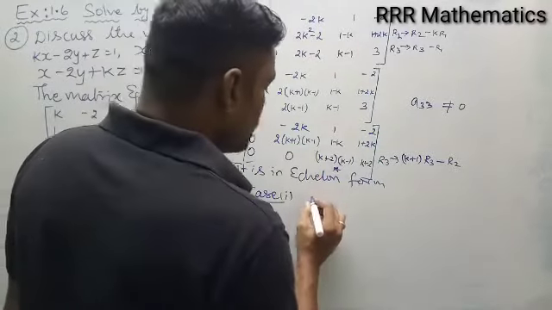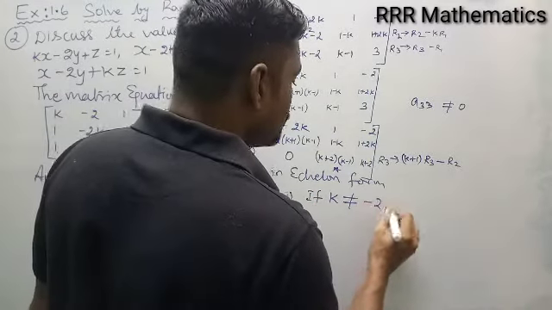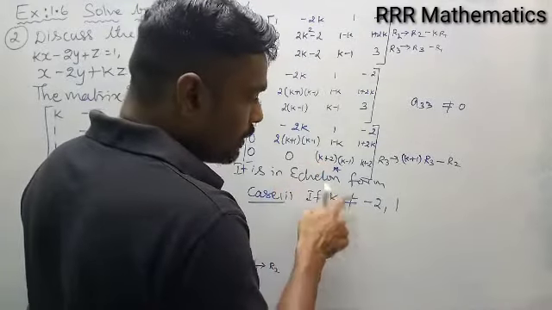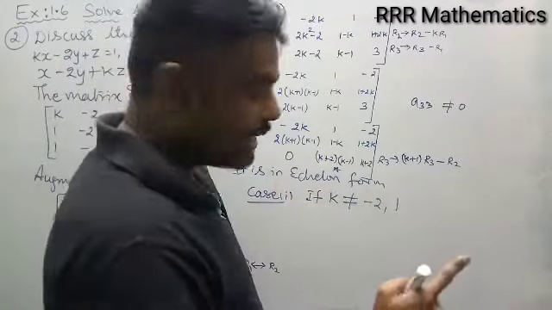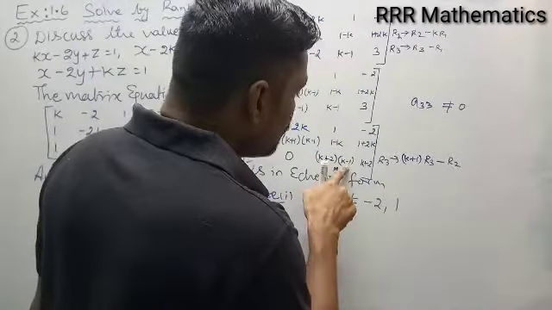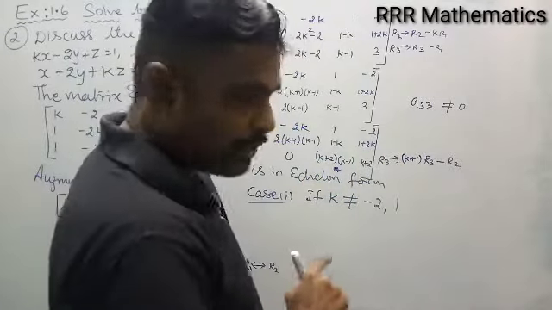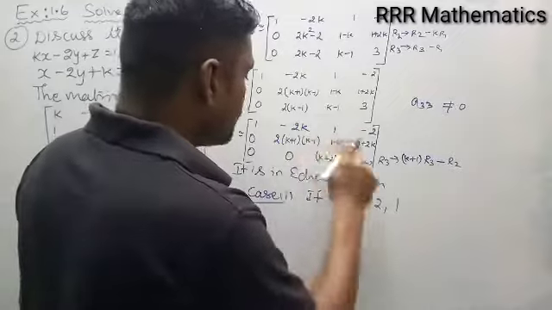So, if K not equal to minus 2 and 1, this becomes non-zero. When you put minus 2, it becomes 0. When you put 1, it becomes 0. So, you can take any value of K except minus 2 and 1. In this case, when this is not equal to 0, the rank of A, B and rank of A are non-zero, non-zero, non-zero.